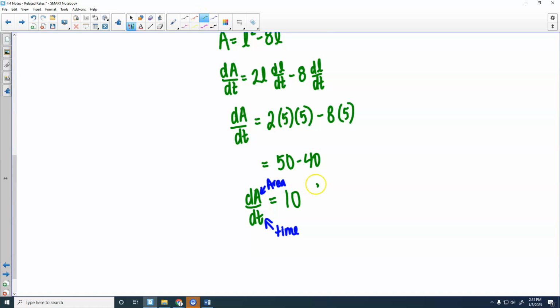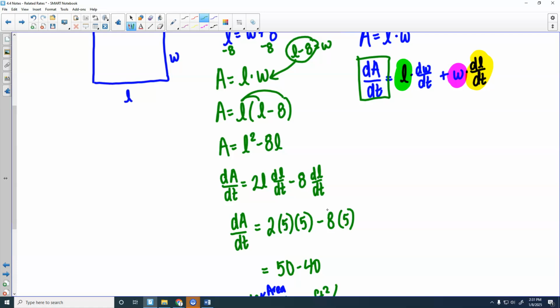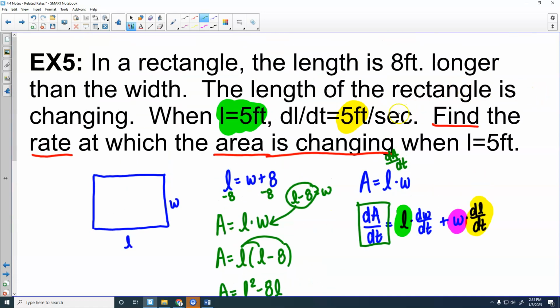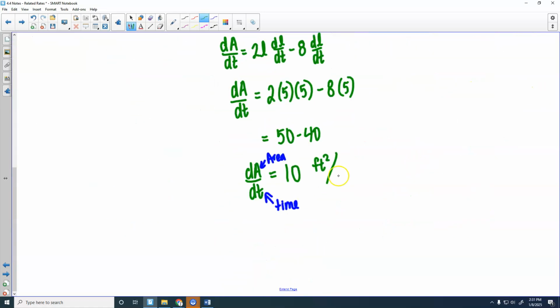Very good. And then time for this problem was seconds. So it'll be feet squared per second. So the area would be increasing at a rate of 10 square feet per second at that moment. This would be when L equals 5 feet.